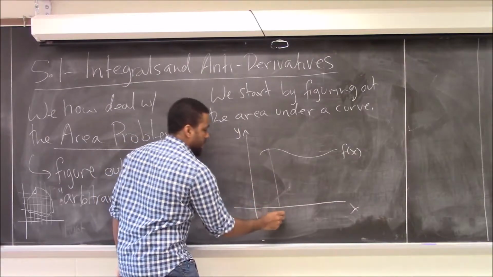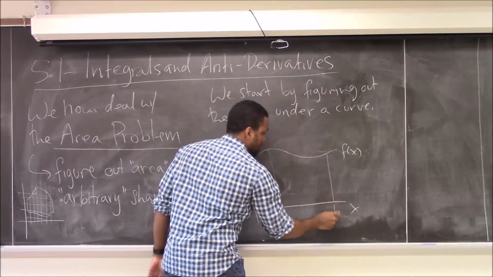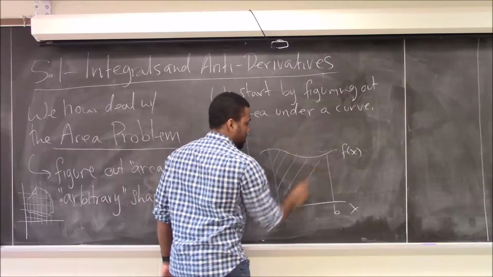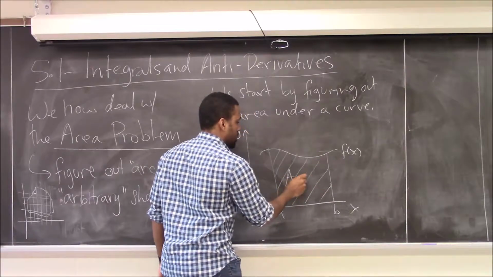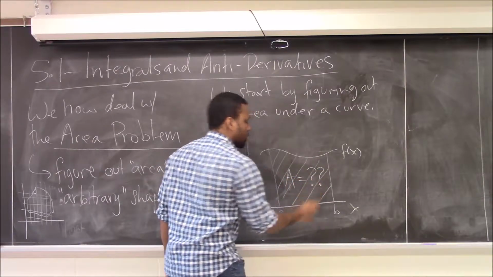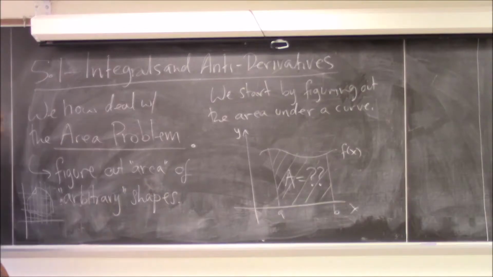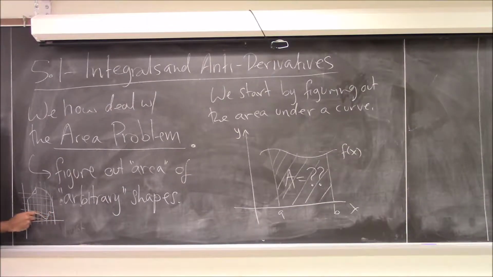How would I find the area under that curve? The idea being, I can create a shape by sticking it in between two functions, an upper function and a lower function, and figure out the area under this and the area under that, and I can figure out the area of this shape.